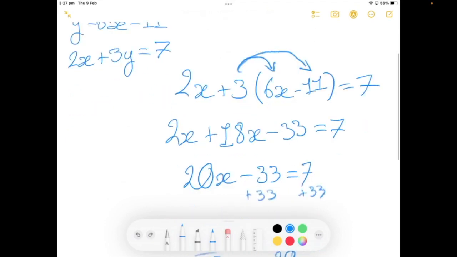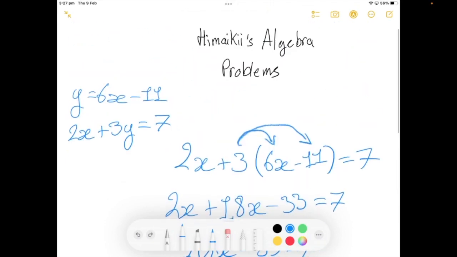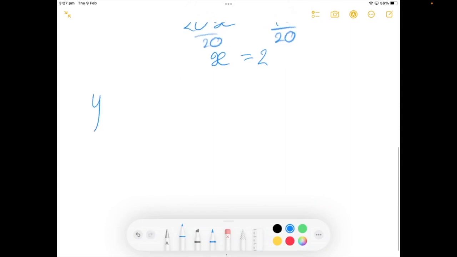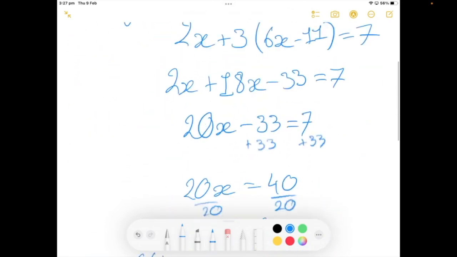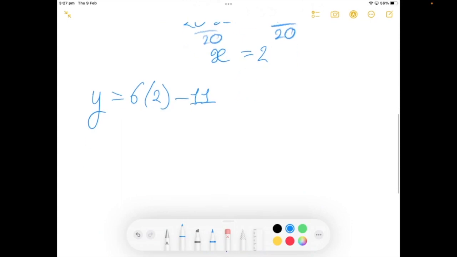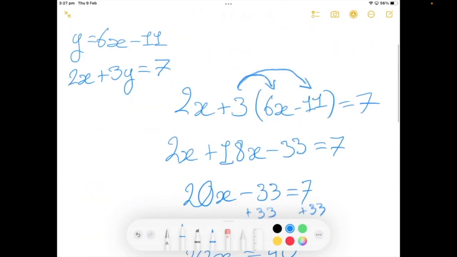So y equals 6 times 2 minus 11, which is 12 minus 11, which is equal to 1. y is equal to 1.